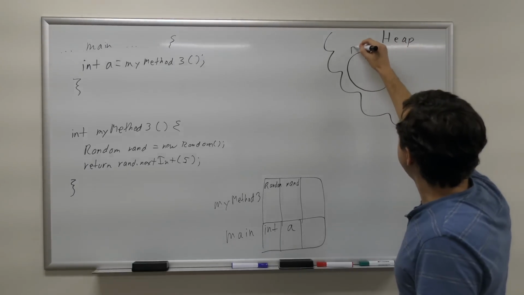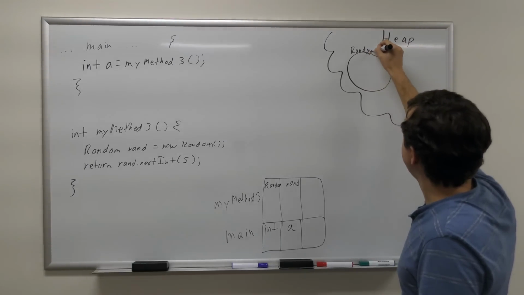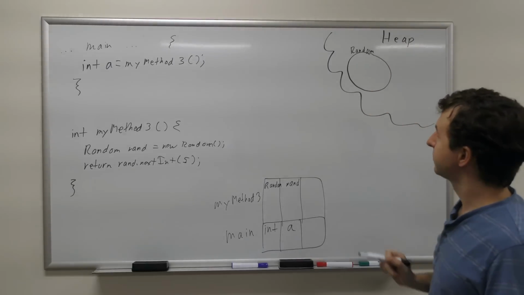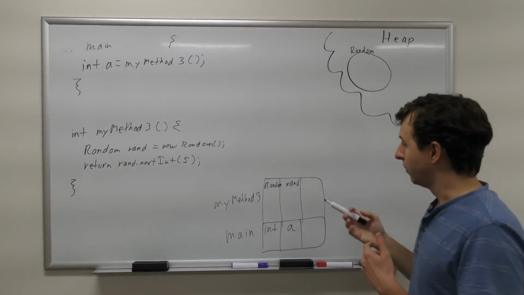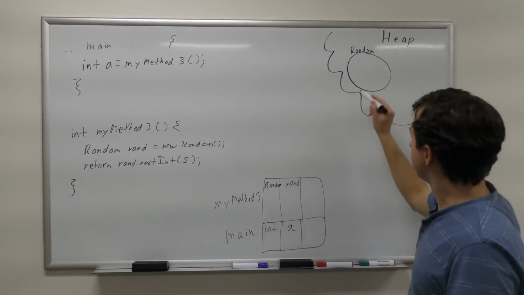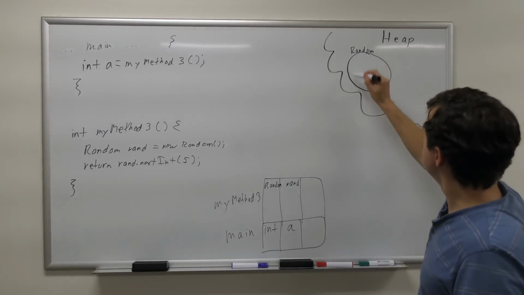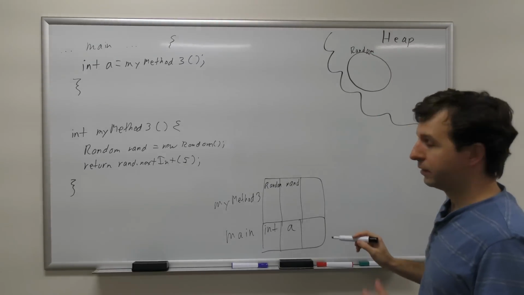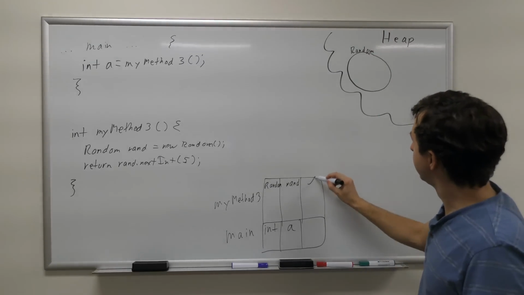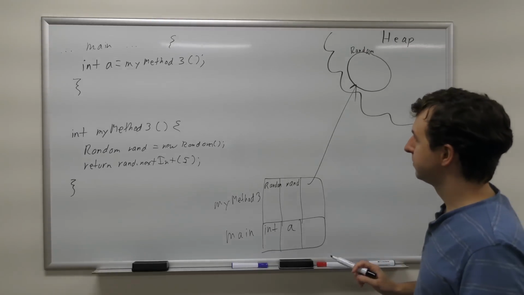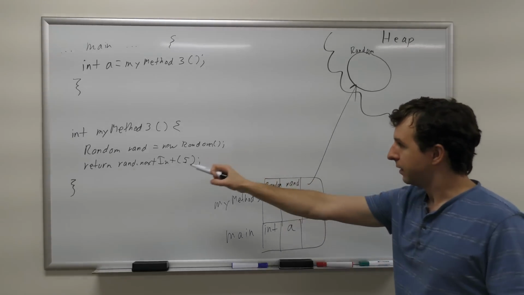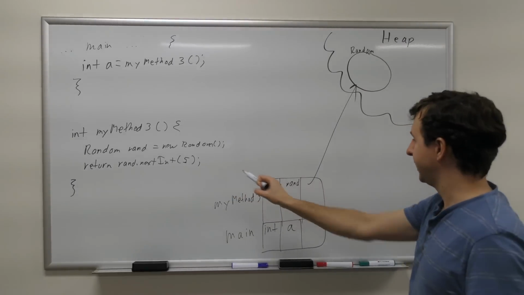And so we have a Random object here. So what does this equal sign do? Well, we know that object variables store the location of the objects. We'll represent it with an arrow.